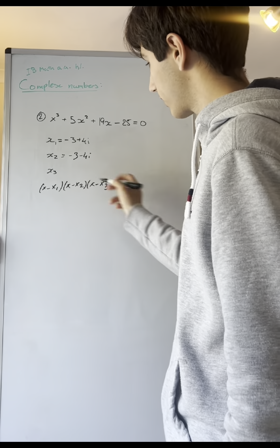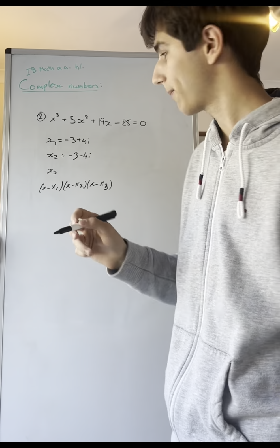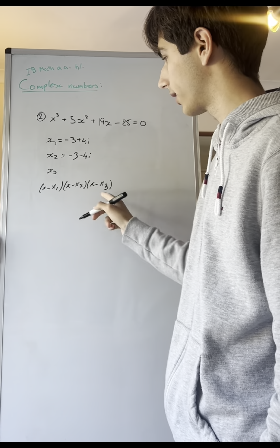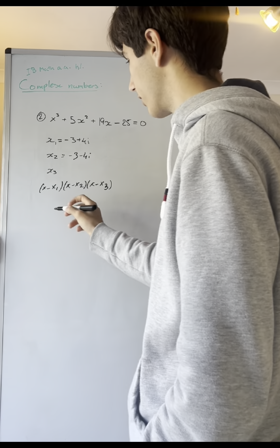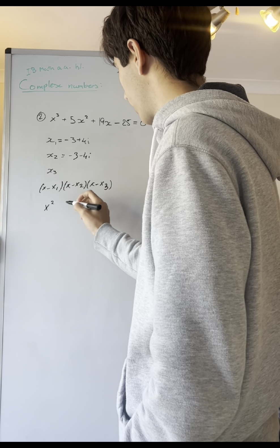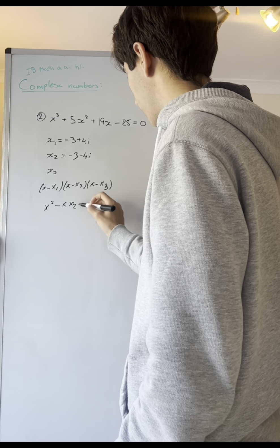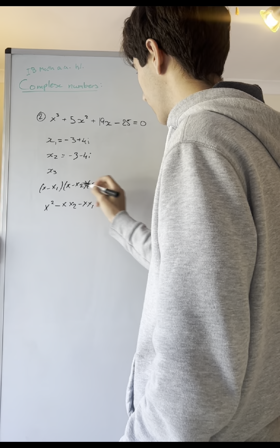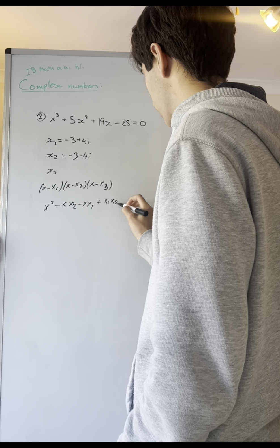So let's expand. We know x1 and x2, so we can expand these 2 brackets and keep this one not expanded. And what that's going to give us is x squared minus x times x2 minus x times x1 plus x1 times x2.